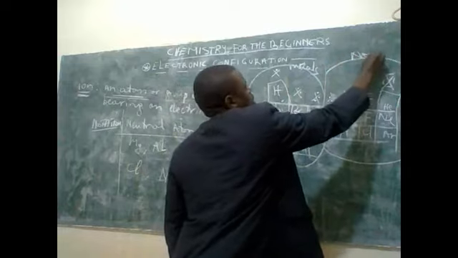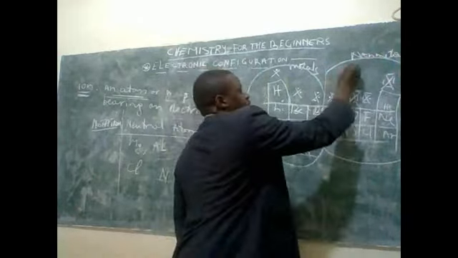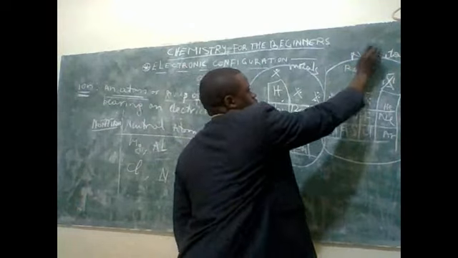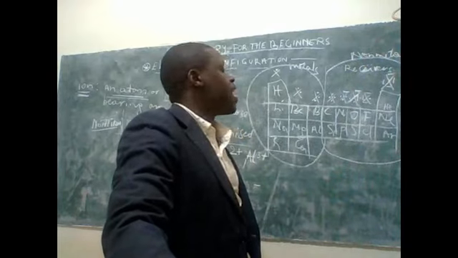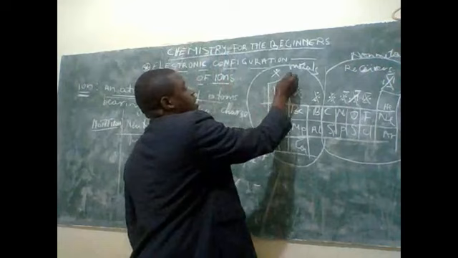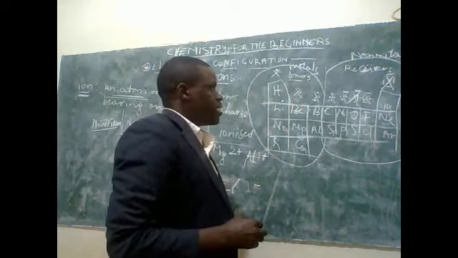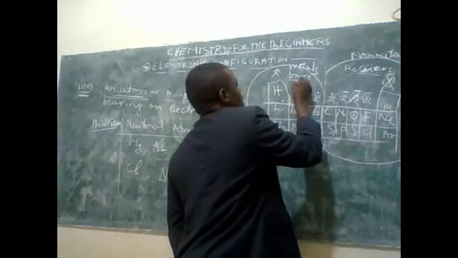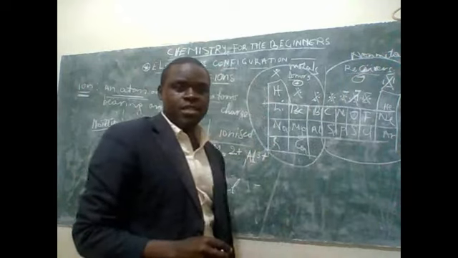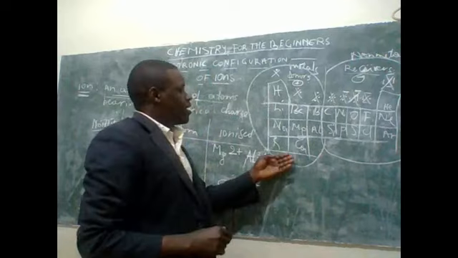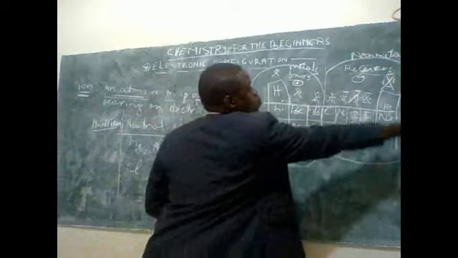Metals and non-metals: these are the receivers and these are the donors. Have you seen? Which means this will have a positive charge and this will have negative charges. And this which has negative charges includes all of these.